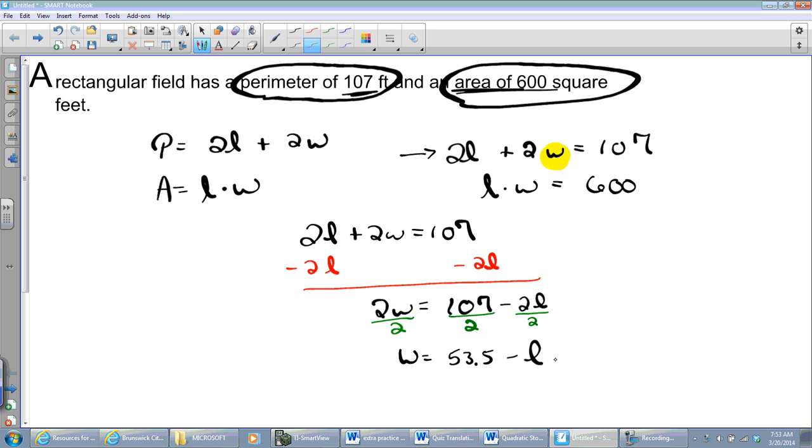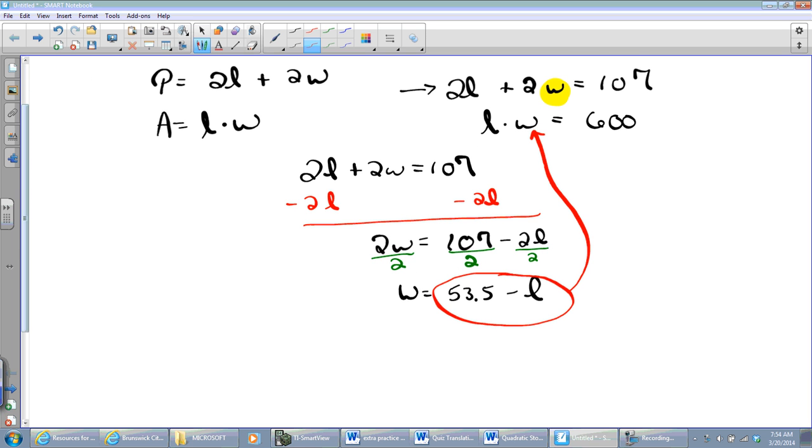Well, now I'm going to use substitution, and I'm going to put this in for W. Very important to use parentheses. So, watch what's going to happen. I'm going to have L times the quantity of 53.5 minus L. Close that quantity. And that needs to equal 600.